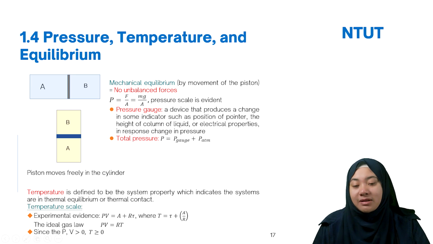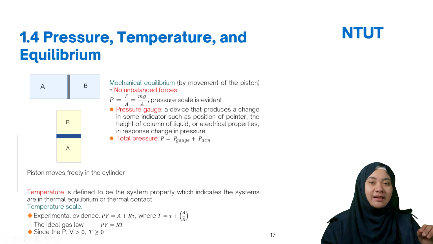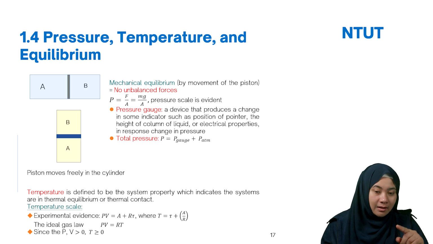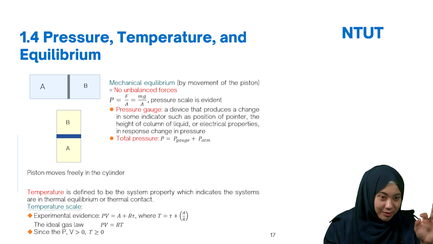So the pressure is normally evident. You can use a device that changes some indicator, like position, the height of a column, or electrical properties, so you can calculate the pressure. One example, for A and B, we can define the total pressure. Remember, this is something you will mostly miss when you do the experiment. When you calculate the absolute pressure, don't forget to add P atmospheric.